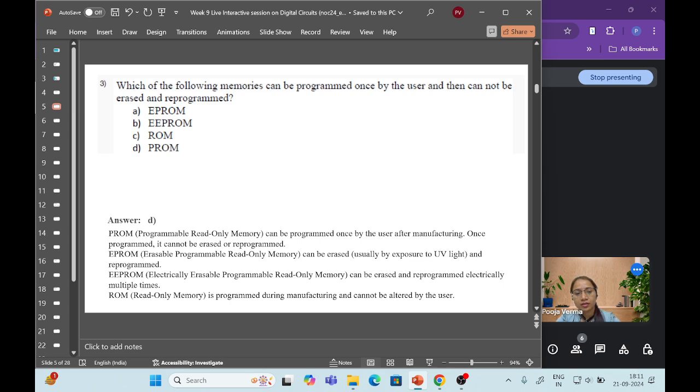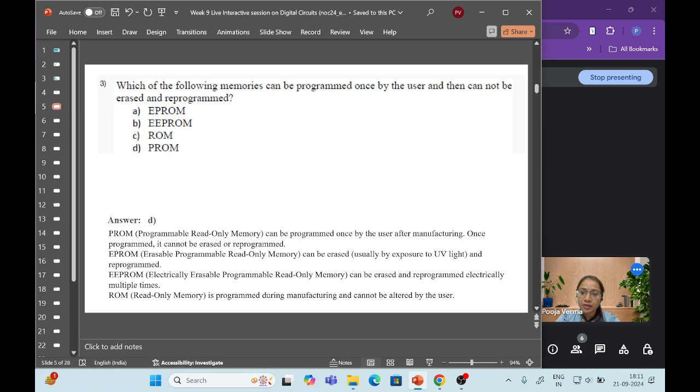Here the explanation for each option is given. The correct option is D, PROM, programmable read-only memory. It can be programmed once by the user after manufacturing. Once it is programmed, it cannot be erased or reprogrammed. EPROM is erasable programmable read-only memory. It can be erased using exposure to UV light and it can be reprogrammed.